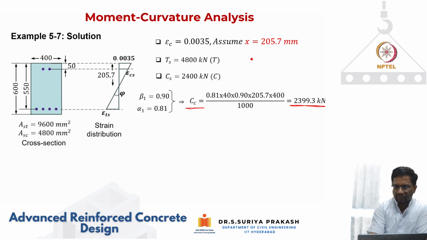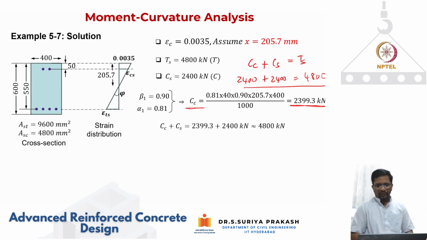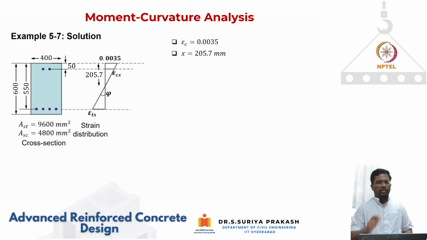Cc plus Cs, both acting in the same direction, should be equal to Ts. Cc is nearly 2,400, and Cs is 2,400. What is Ts? It equals 4,800. So my equilibrium condition is satisfied, nearly the same. Now I can go ahead and calculate my moment resistance.